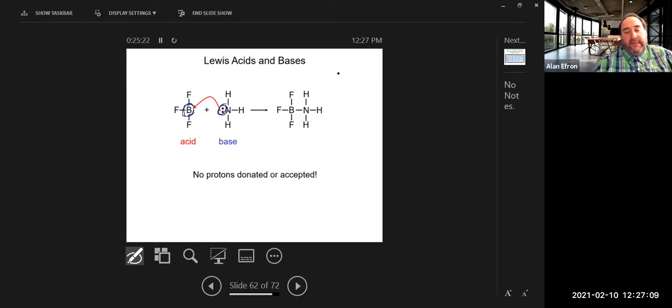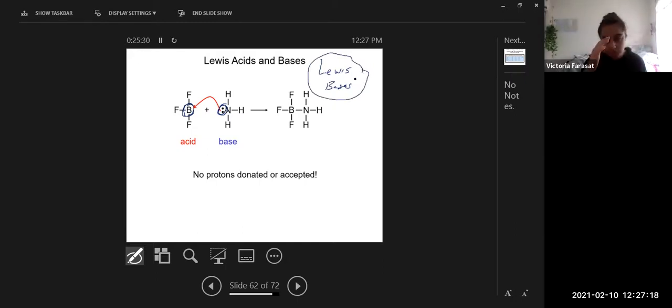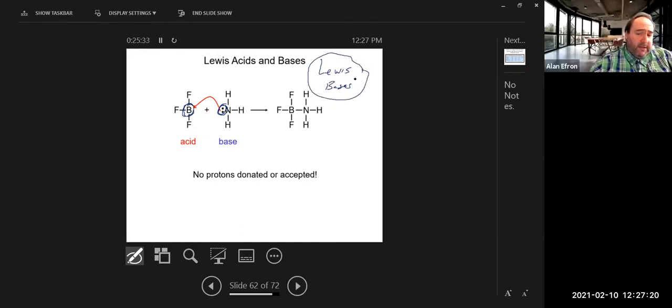We definitely will see Lewis bases a lot throughout the semester. We will see them when we talk about transition metals. We'll also see them when we talk about complex ions and stuff like that. So again, a Lewis base is something that can donate a pair of electrons. Typically things that are polar and have non-bonding electrons are able to do that, or something with a negative charge, like OH minus, Cl minus.